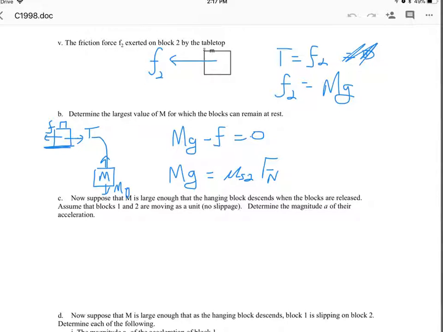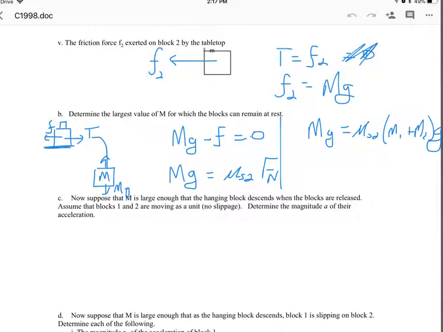But we can't have normal force in our answer. So mg equals mu s2, and the normal force acting on the two blocks stacked together is m1 plus m2 times g.